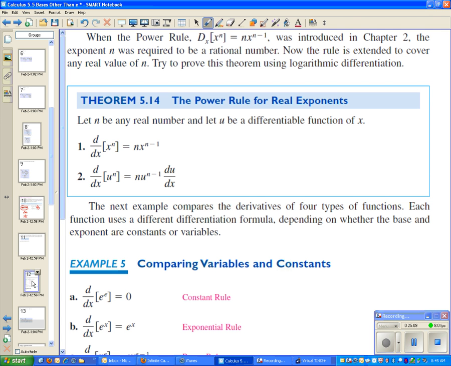But at first it worked for integers, and then it worked for rational numbers, and now the book's letting us know it works for real numbers. So I just taught it to you that way, okay? But there has been a progression. It does work for all real numbers. As long as the exponent is a real number, then the power rule works, okay?